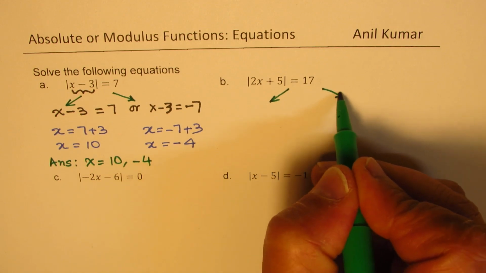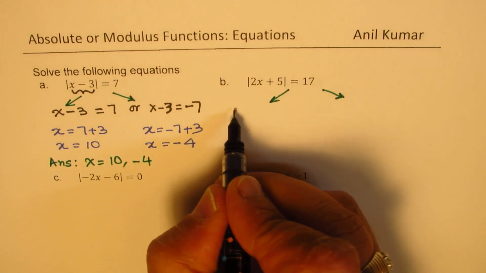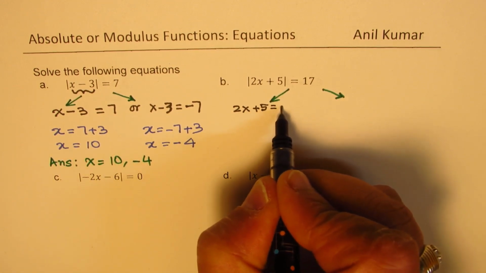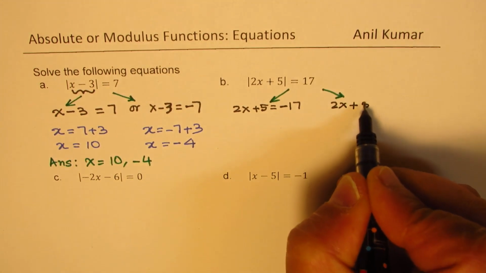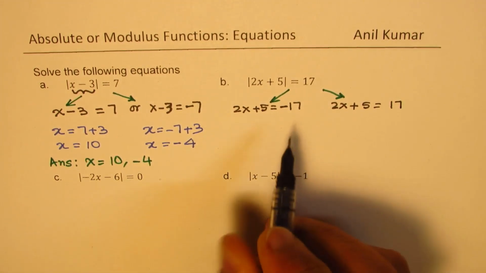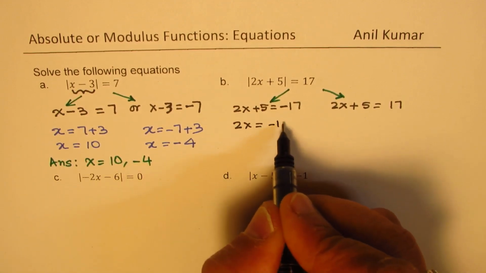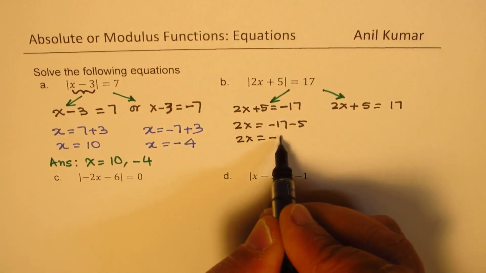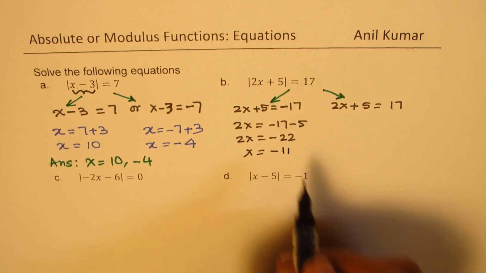So exactly the same concept, split it into two parts. So we can say that 2x plus 5 is equal to minus 17, or 2x plus 5 equals to plus 17. Solve both these equations. So we get 2x equals to minus 17 minus 5, 2x equals to minus 22, or x is equal to minus 11.